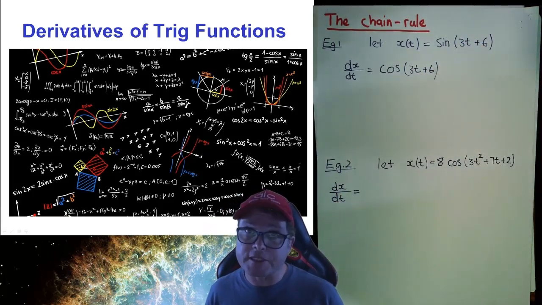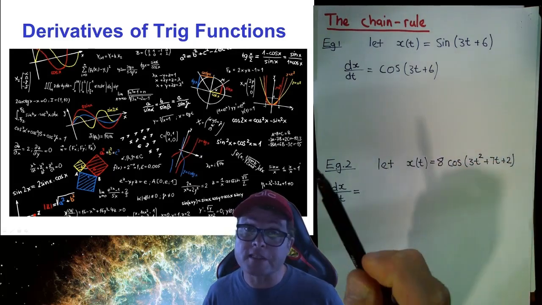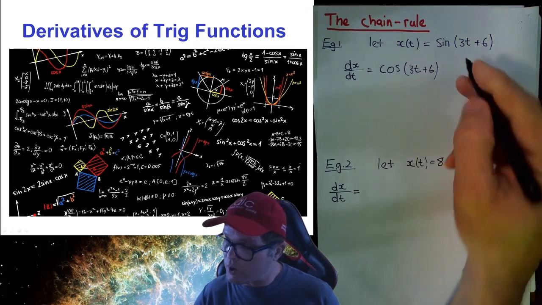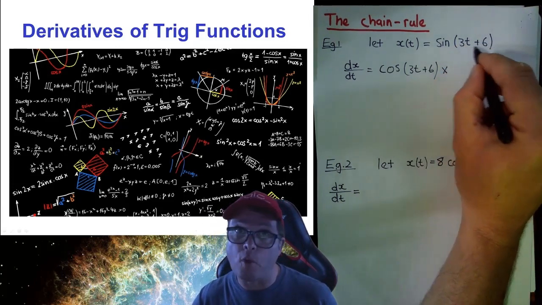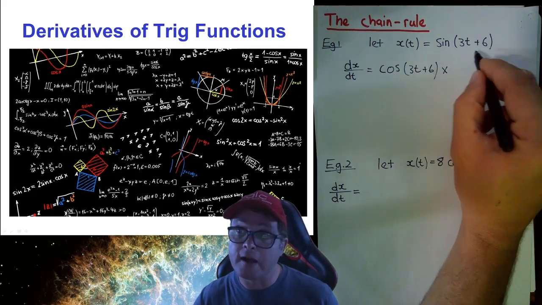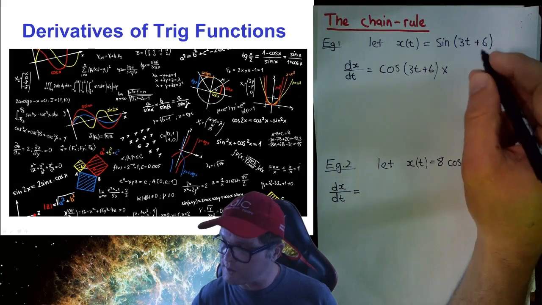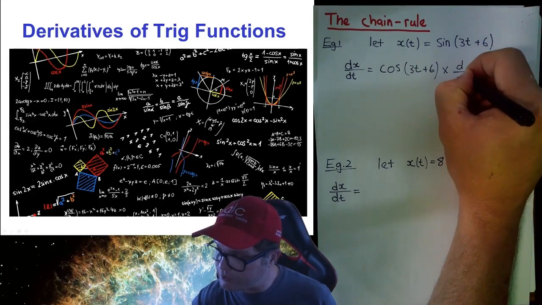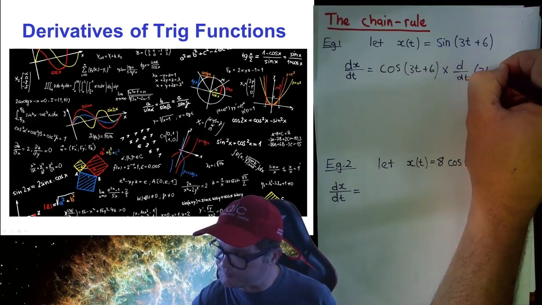Now here's where the magic comes in. We need to apply the chain rule. So the chain rule tells us that we aren't finished with the solution yet. What we need to do is multiply by the derivative of what's inside the bracket.